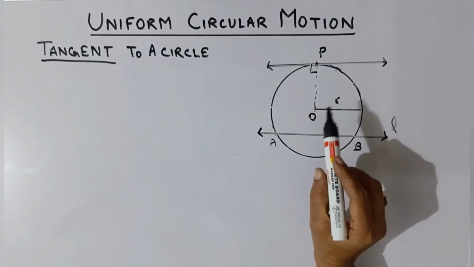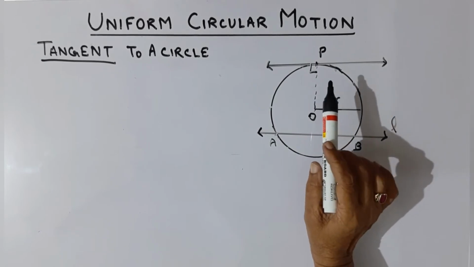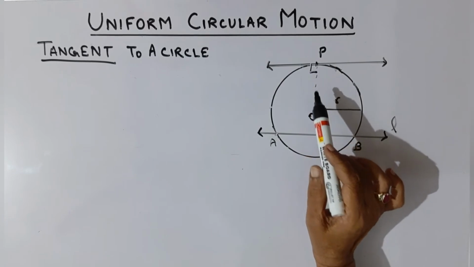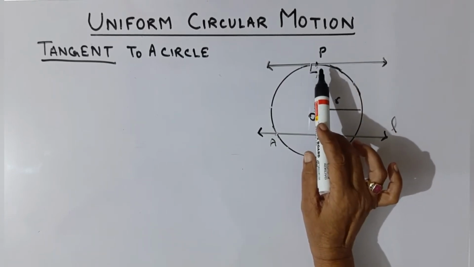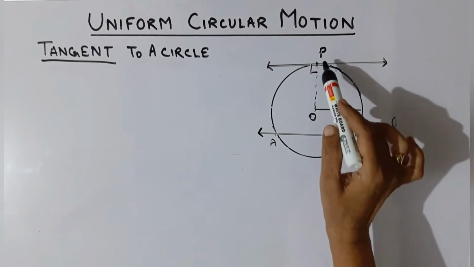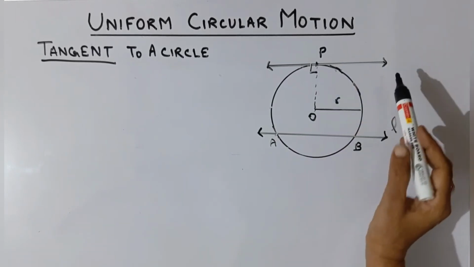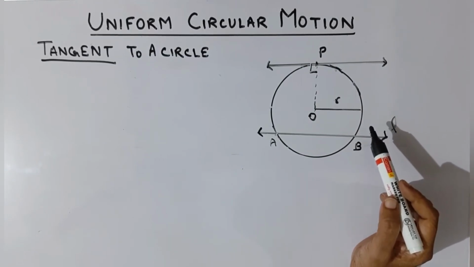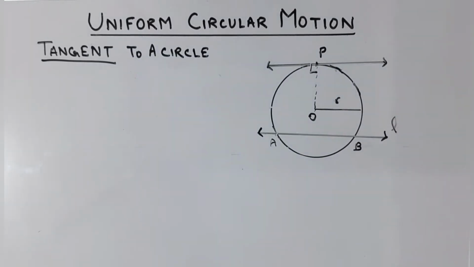So the second property is that the tangent at any point is perpendicular to the radius drawn at that point. And the third property is that at any given point we can have only one tangent at that point. So there are three properties of a tangent.